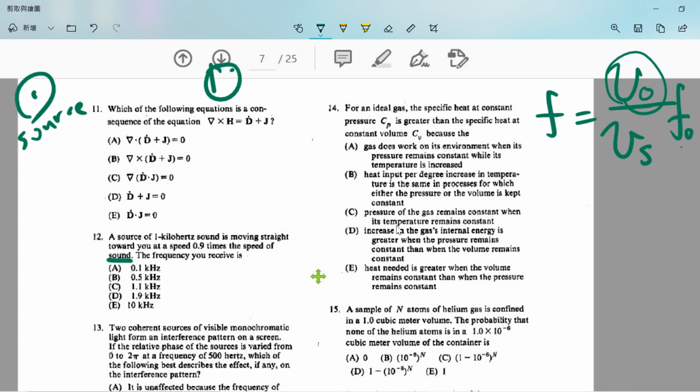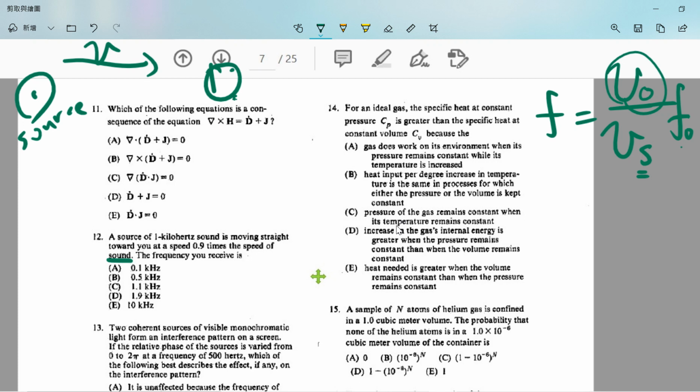Vs means the velocity of the source relative to the sound. And this one is basically the observer relative to the sound. This Vo means observer to the sound.